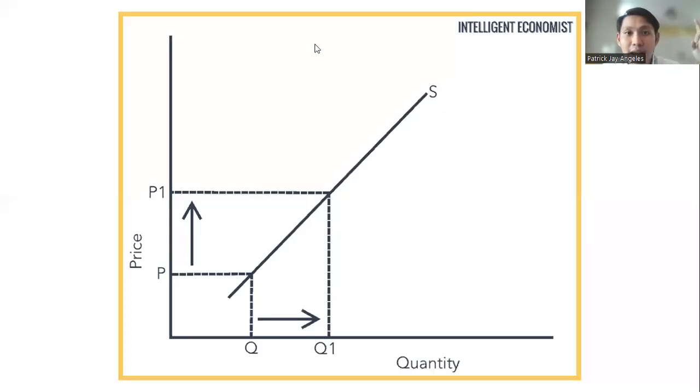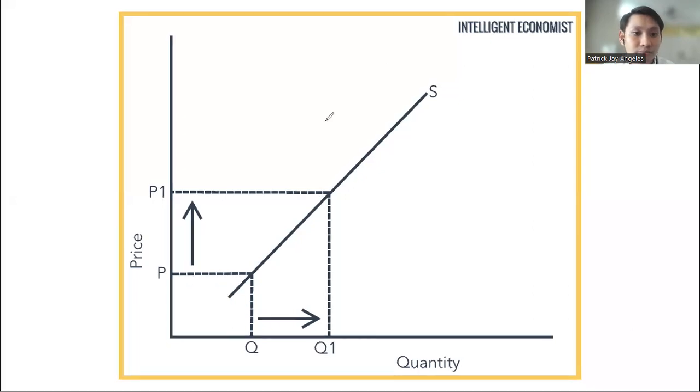So it goes like this. Let's say, for example, this is the price and the quantity. At this particular price, let's say 10 pesos, you can produce, for example, 20 boxes of candies.